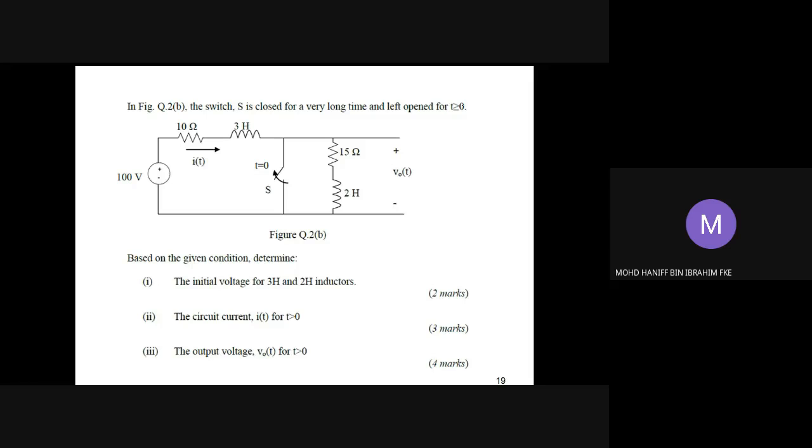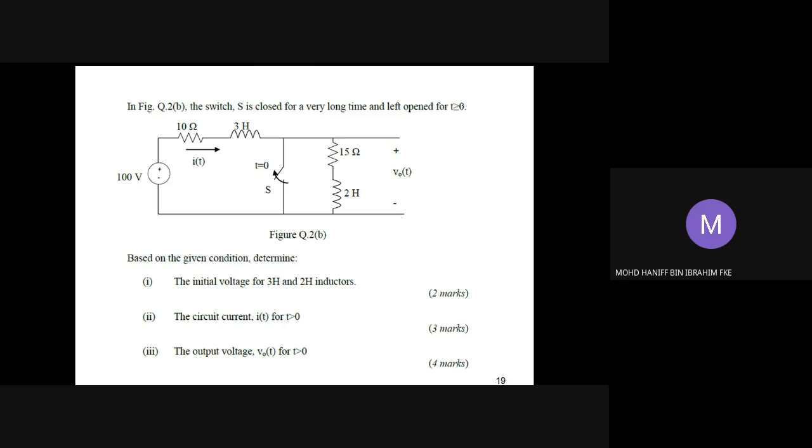Okay then. Any more questions for this example? No. Okay. If there's no question, let us proceed with the next question, which is on this example on this circuit. So we are given these problems here.